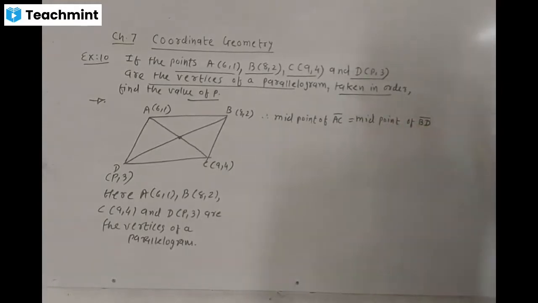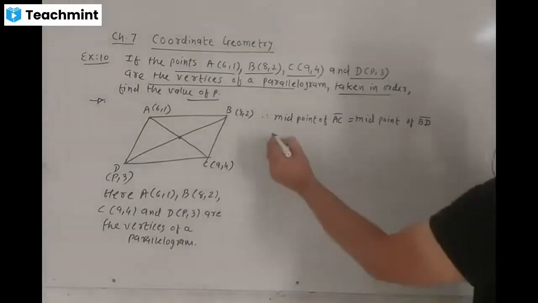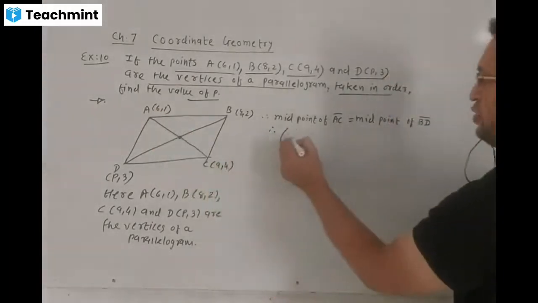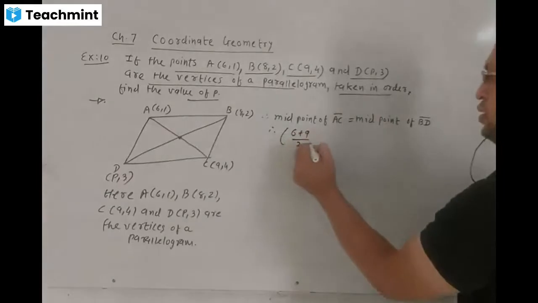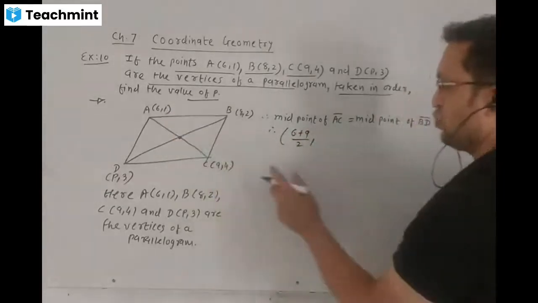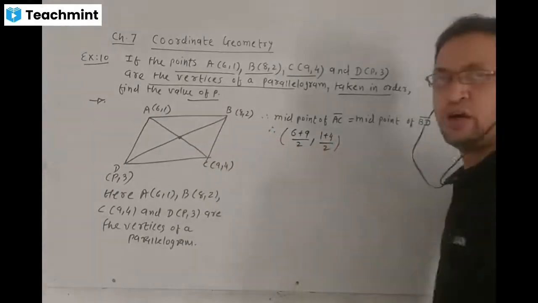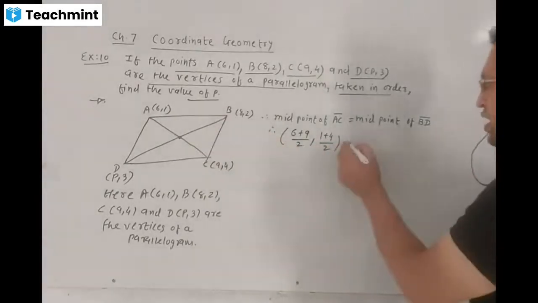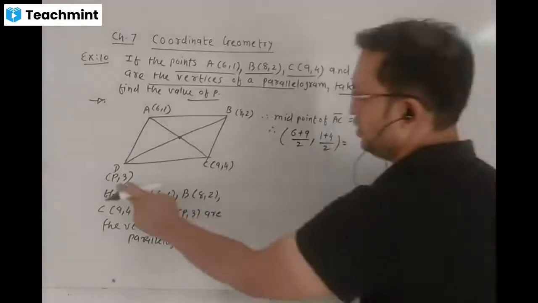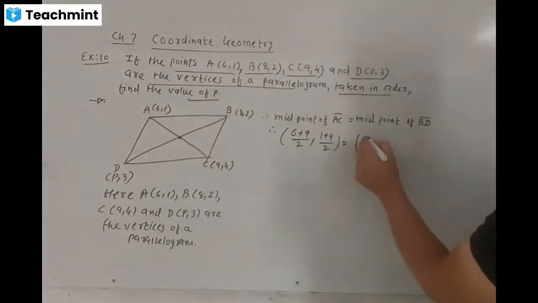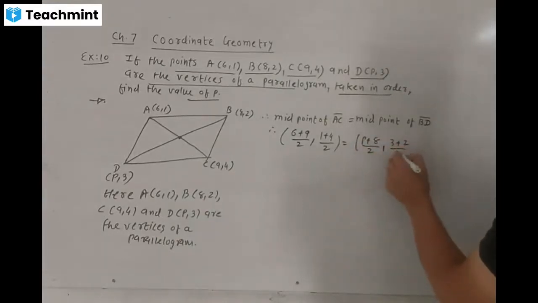Midpoint of AC is ((6 plus 9) by 2, (1 plus 4) by 2), using (x1 plus x2) by 2, (y1 plus y2) by 2. Similarly, the midpoint of BD is ((p plus 8) by 2, (3 plus 2) by 2).